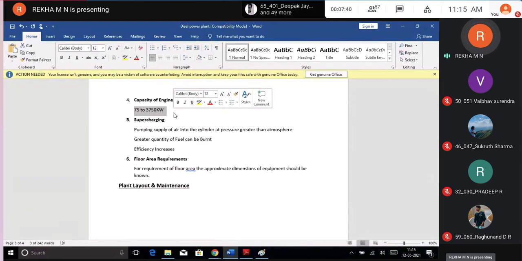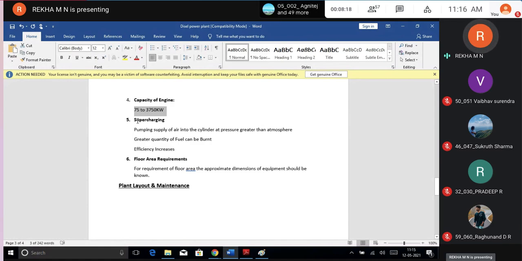That is the most commonly used capacity to date. Capacity can be increased and used, but then it has its own problems in a diesel engine, correct? So there is the heating effect, you have to add more diesel, the price increases, and you have to think whether it works out nominally. So the capacity mentioned here is 75 to 3,750 kilowatts. Okay, so you have to make a proper choice, students, whenever you choose. Capacity is very, very important in that. Rating also gets included, you can just add it.